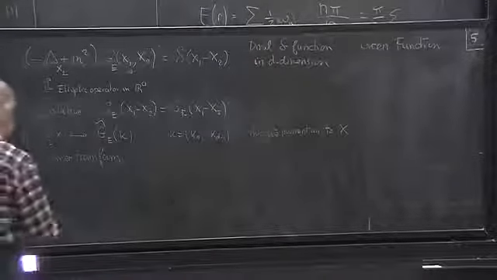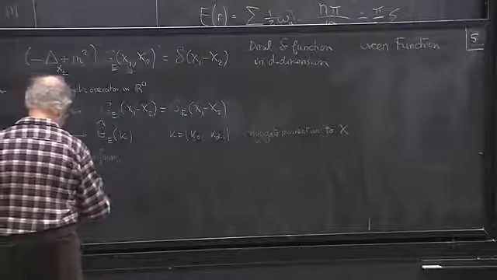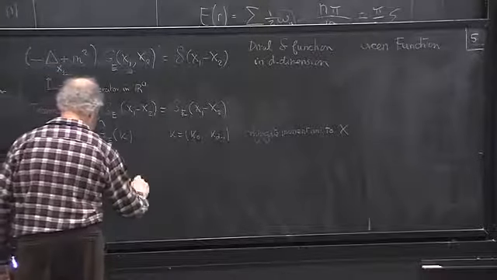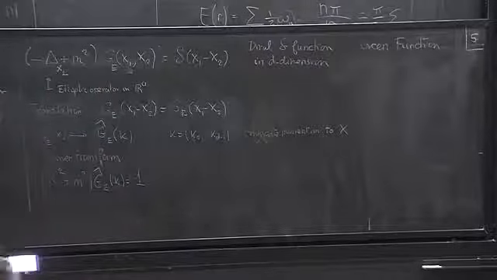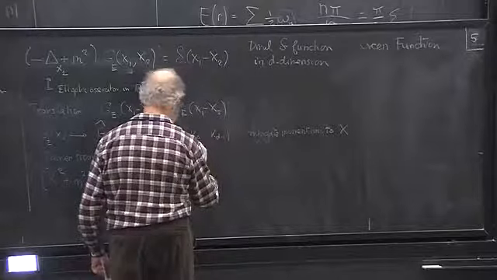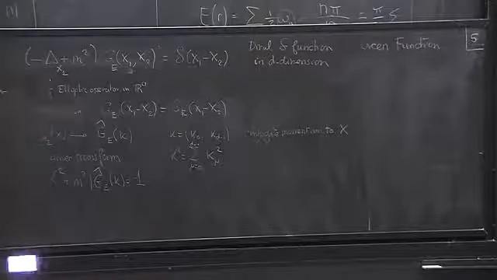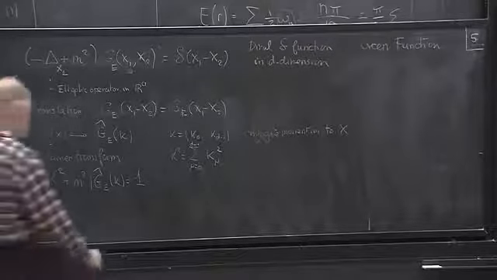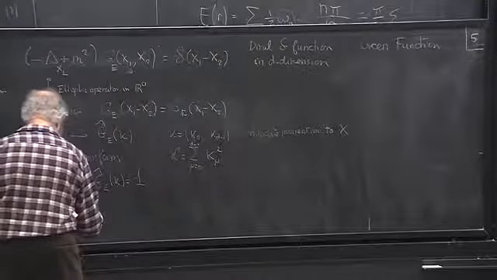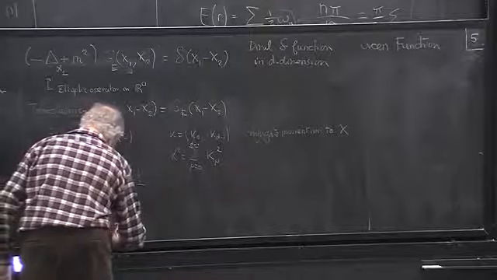Okay, and this equation becomes, of course, (k squared plus m squared) times G hat E of k equals 1, the identity, where k squared is just the sum from mu equals 0 to d minus 1 of k_mu squared. That's the norm squared of the vector. And therefore, G hat E of k, the Fourier transform, is just Lorentzian, 1 over k squared plus m squared.